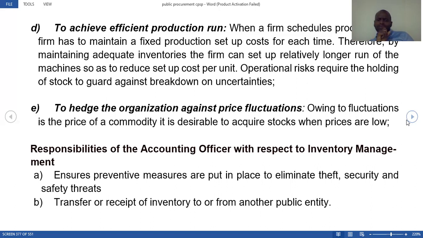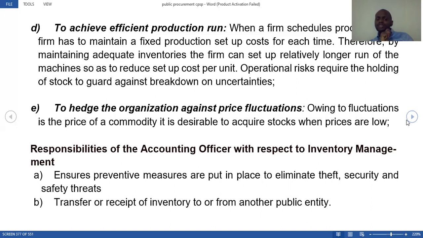So what is the responsibility of an accounting officer with respect to inventory management? Remember, we said an accounting officer is not an accountant in the organization, but the accounting officer is the person in charge of that organization. In simple terms, we can say an accounting officer is the CEO of any given organization.